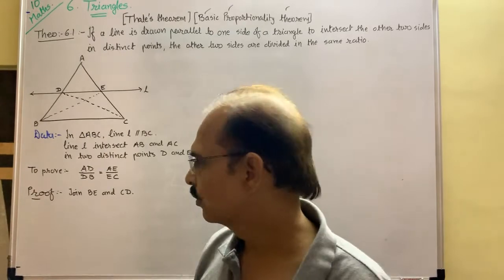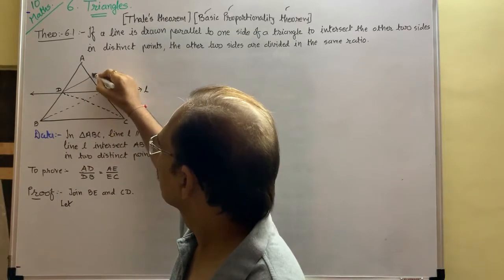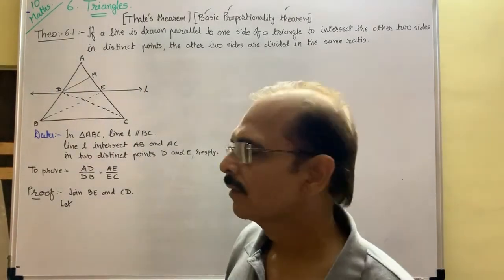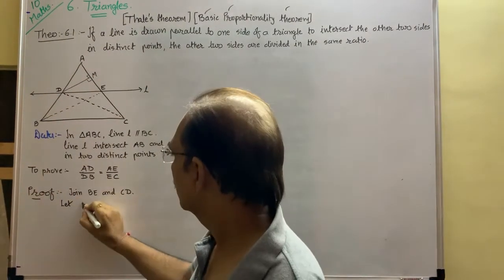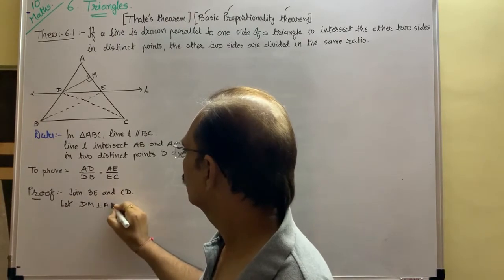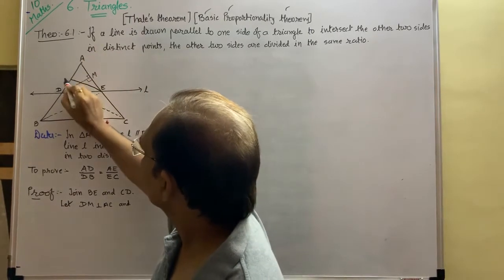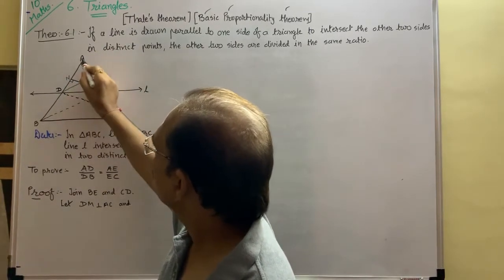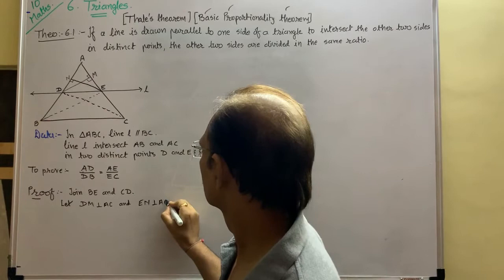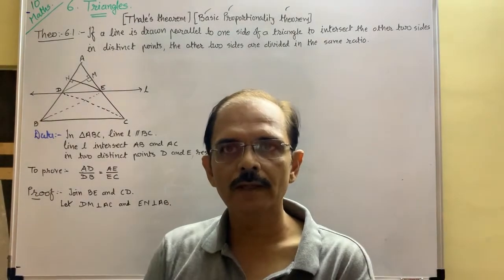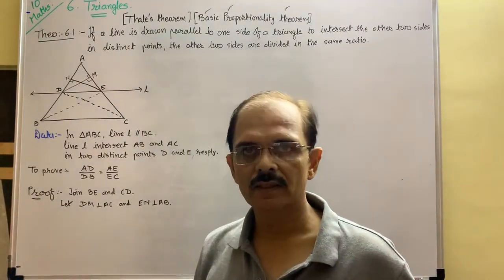So here we suppose let DM, it doesn't mean direct message, DM perpendicular to AC and EN perpendicular to AB. Is it okay? DM perpendicular to AC, EN perpendicular to AB, we suppose.